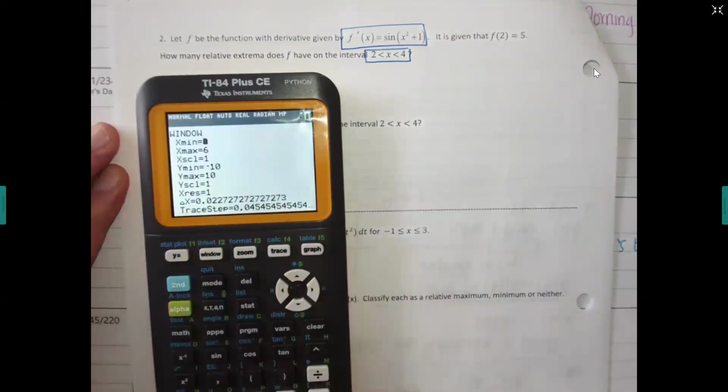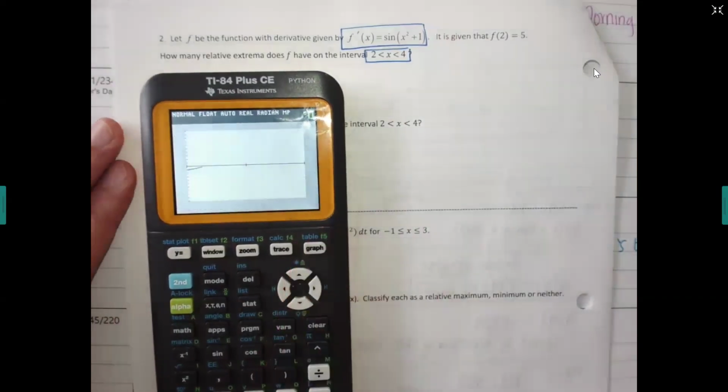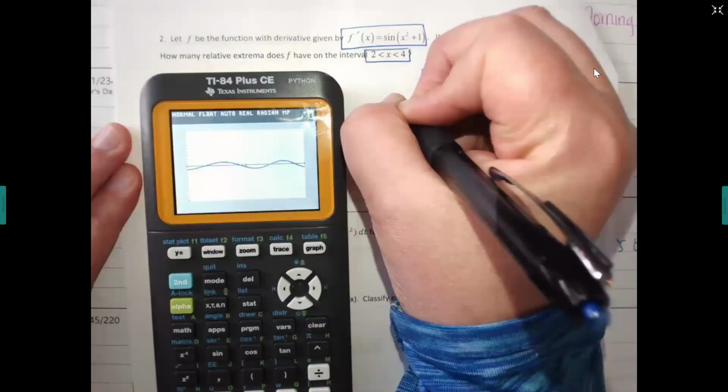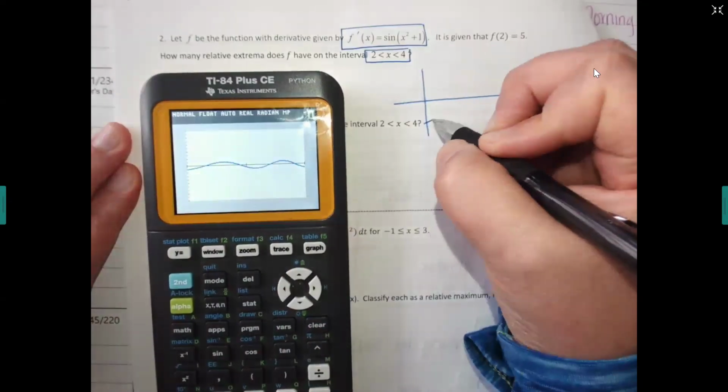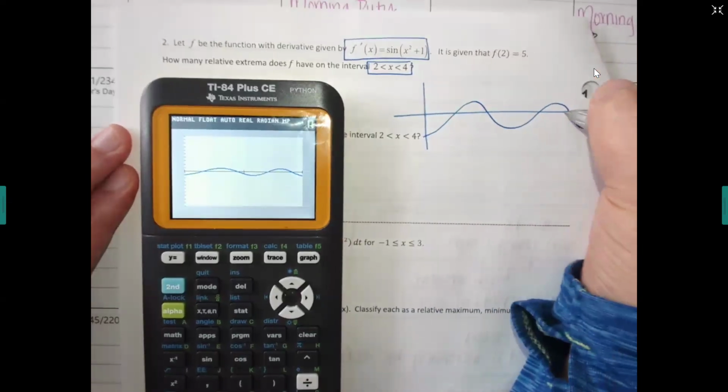So when I hit my window button, I want my X min as a 2, my X max to be a 4. Then hit graph. Your graph does something like that.